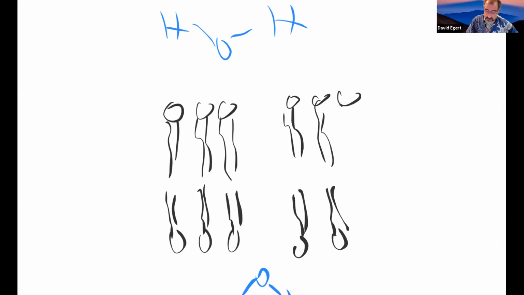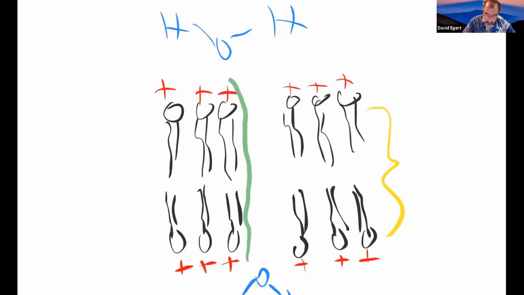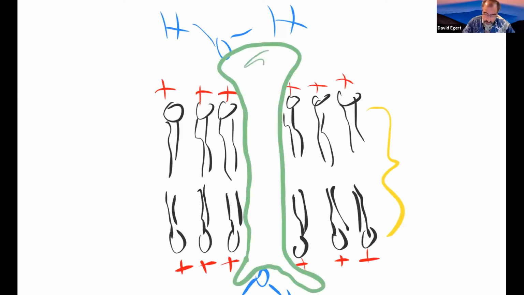This holds together just because the heads are polar and want to be towards the water. The tails are non-polar and want to get away from the water, so they stay turned towards each other. The membrane proteins end up stuck in there. So this is some kind of membrane protein here.